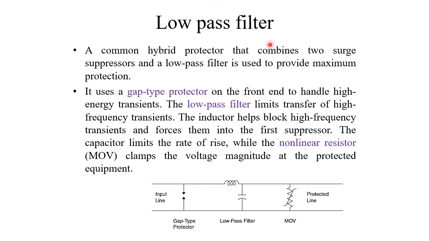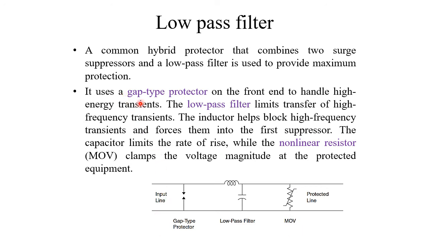This is the modified version of the low pass filter. It is a hybrid protector which combines the low pass filter with two surge suppressors. The two surge suppressors are a gap type protector and an MOV, metal oxide varistor, which is a non-linear resistor.